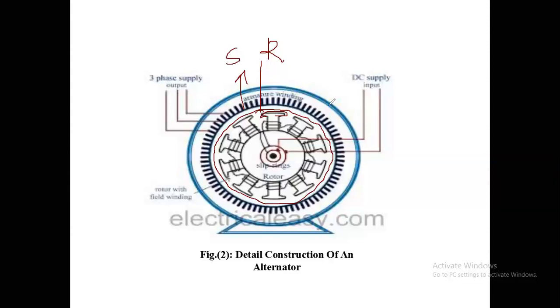This is the iron frame which gives support to the machine. These windings are my stator windings, and inside is my rotor winding. Here the DC supply input is being given to the rotor.